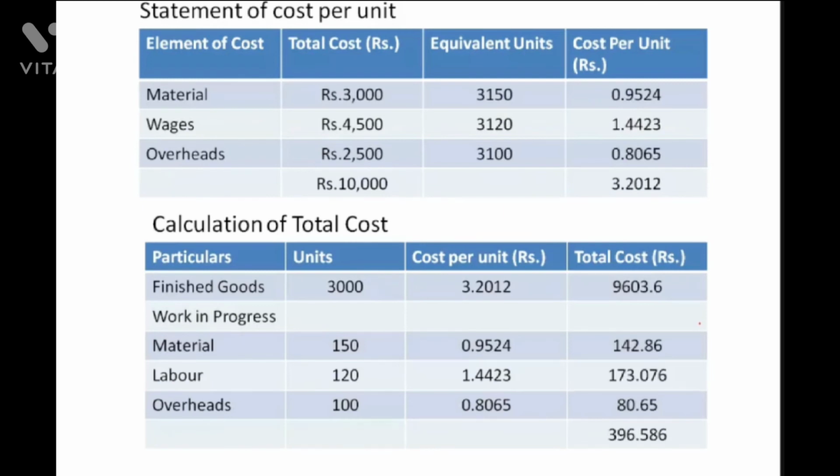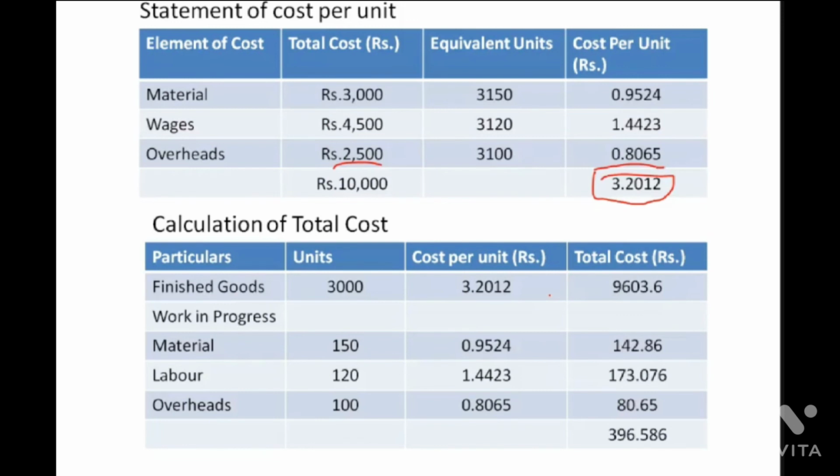Now, on the basis of equivalent production, the second statement we are required to prepare is the statement of cost per unit. For the material point of view, 3000 is the cost and 3150 units, so this is your cost per unit. In the same way, labor and labor cost per unit, overheads and overhead cost per unit. And the total cost per unit is 3.2012 for the finished goods.